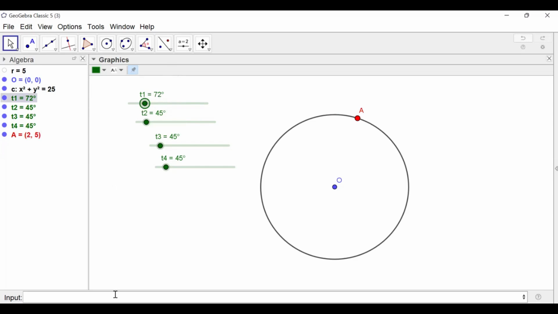Now let's define point B. Let's define point B using also the parametric equation of a circle.